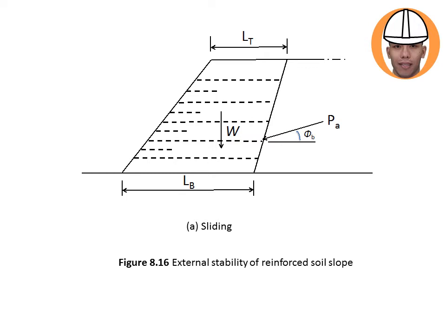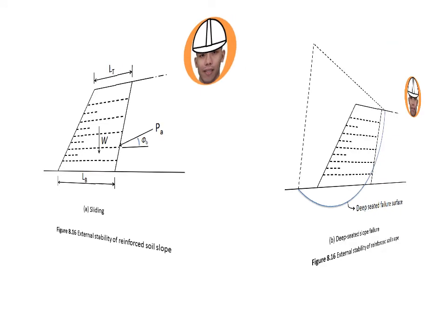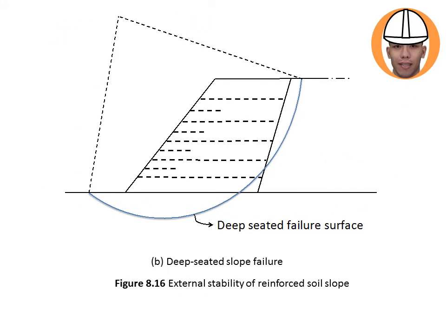So wherein you have the dimensions such as the length at the top and length at the bottom. And this one is the deep-seated slope failure. As you can see, this failure arc or circle goes beyond the slope itself, so it runs deep.